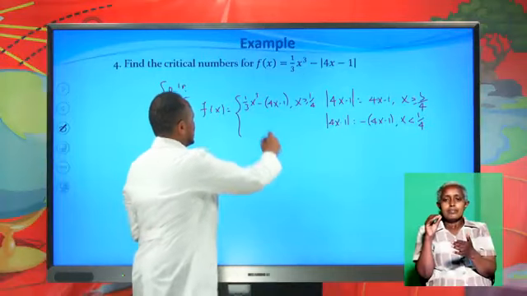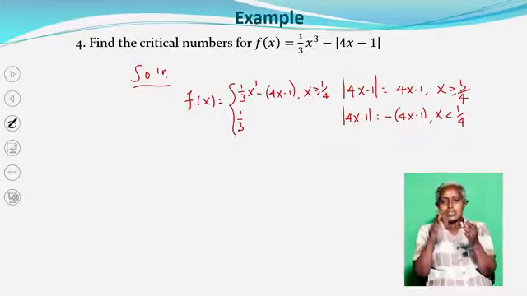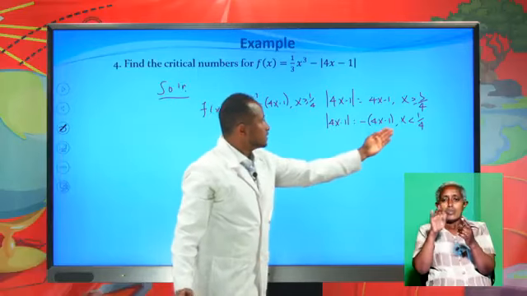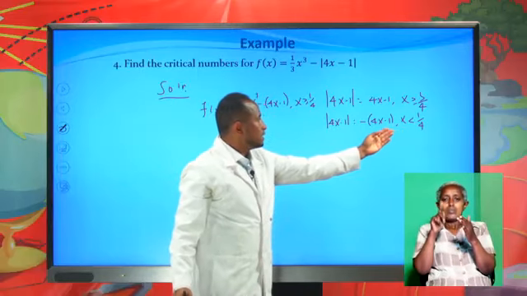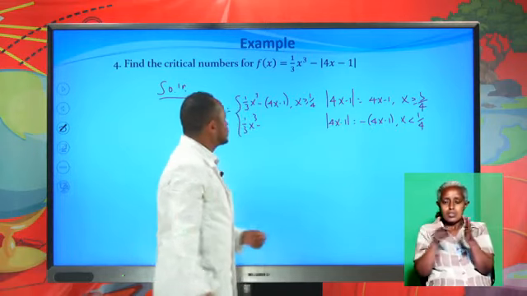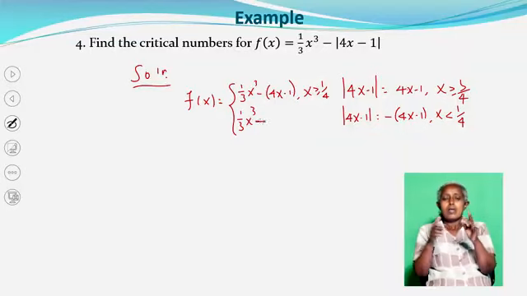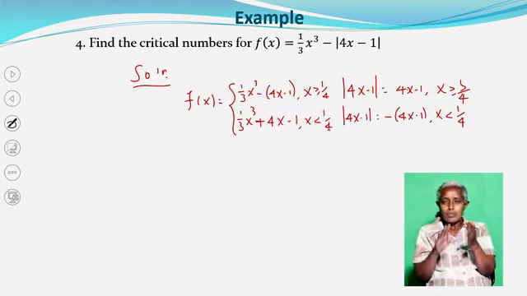And for the other interval, it is 1 over 3 x cubed minus, for x less than 1 over 4, the absolute value of 4x minus 1, which is the negative of 4x minus 1. So you put the negative of 4x minus 1 here, and this becomes plus 4x minus 1 for x less than 1 over 4.